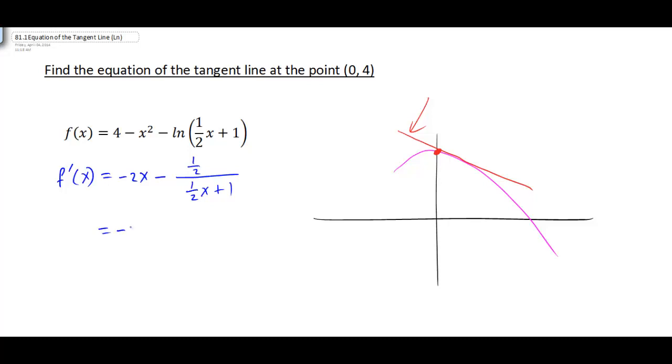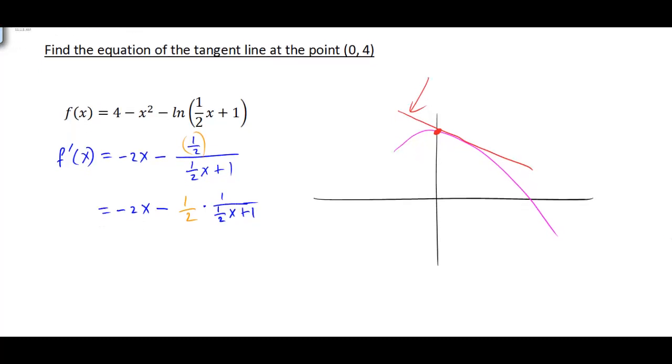We have negative 2x minus, and if I want to rewrite this a little bit better, this is 1/2 multiplied by all this. If you can see it better this way, I'm going to take the 1/2 and bring it out front. So it's 1/2 multiplied by 1 over 1/2 x plus 1. I think visually you can see this a little bit better.